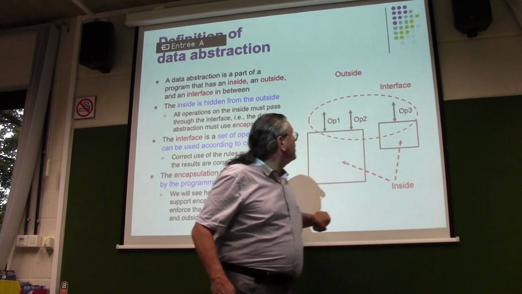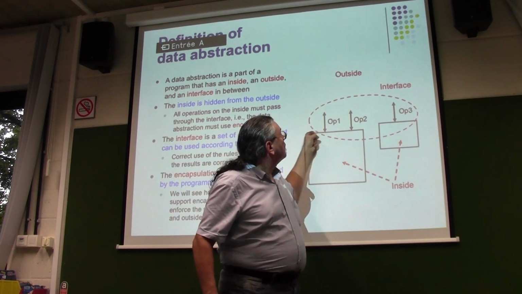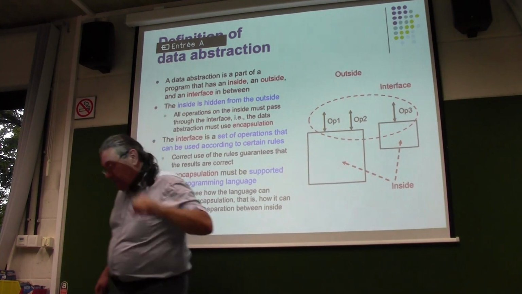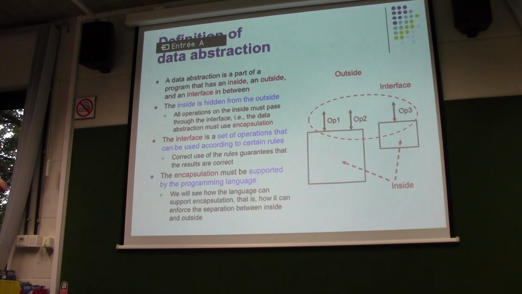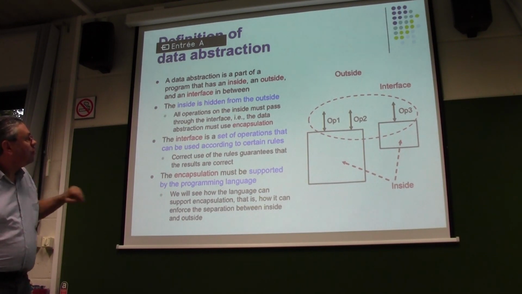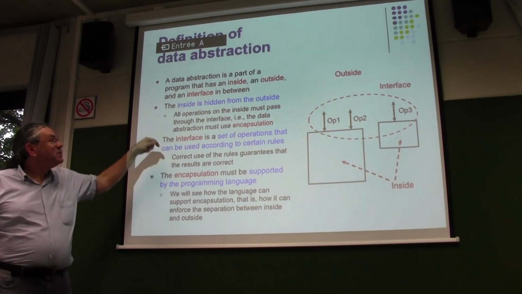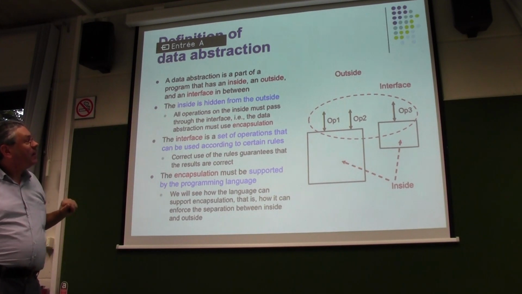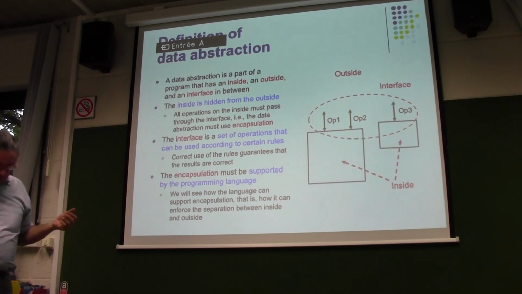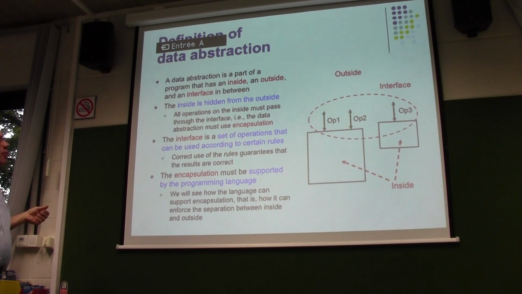This is the inside. And then there is an interface. Here's a way of accessing it from the outside. And you have to follow a certain set of rules to access the inside. If you don't, then the data abstraction will not accept the operation. So the rules are enforced.